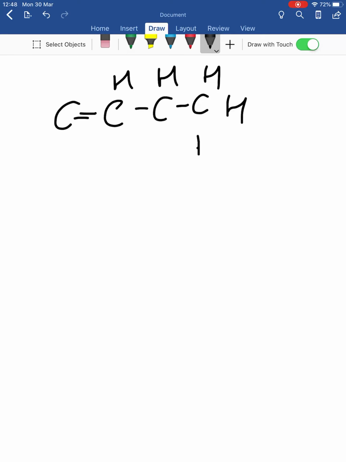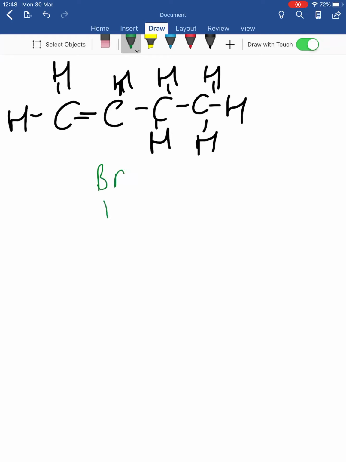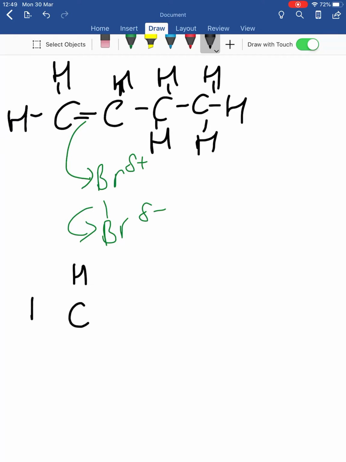So now if we very quickly have a look at if I had something like but-1-ene, very quickly. All right, so we've got but-1-ene over here. If we have a Br to Br, partial positive, partial negative, what you'll end up forming from this is still got all of this.